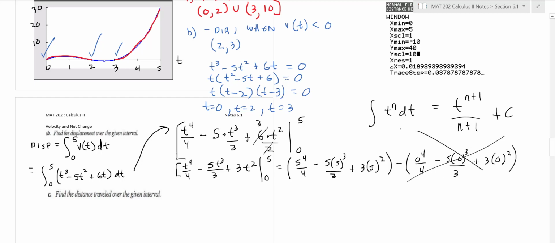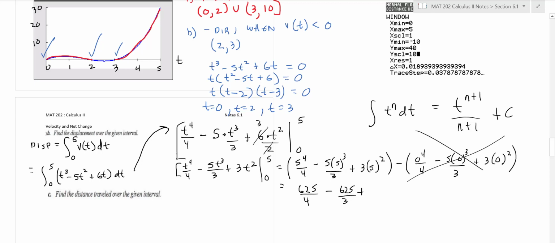That's just 0. Okay, so when we work this out, what we're going to have is 5 to the fourth, which is 625 over 4. 5 to the third is 125. Okay, and then that really is 5 to the fourth, so that's 625 again. So this is 625 over 3.